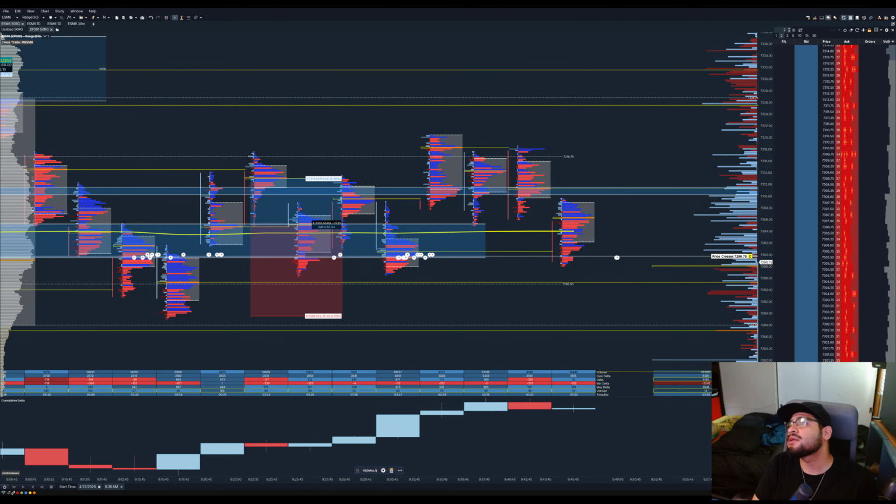These are 15-minute candles here. Or is it 30? There it is. So we tested the highs shortly after we created the 30-minute opening range.